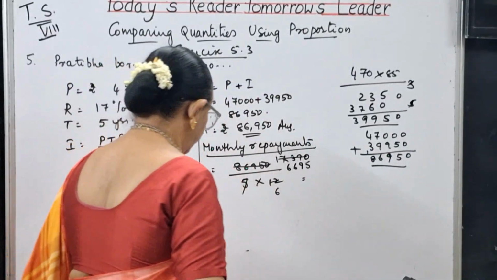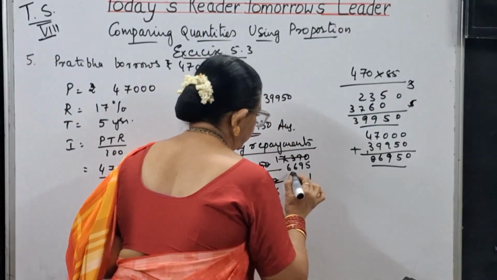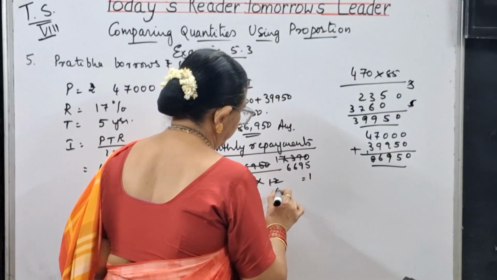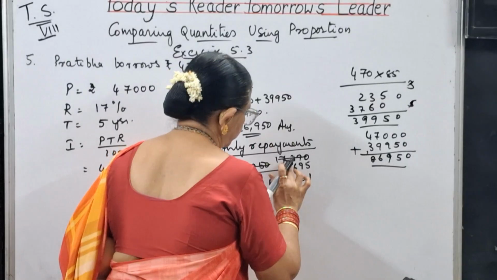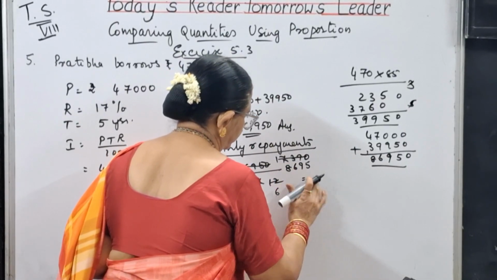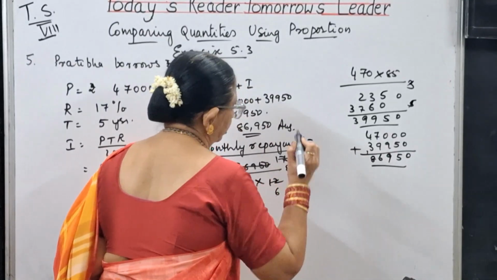This is nothing but 6 ones are 6, and then 2 8s are 16, children. 2 8s are 16, 2 6s are 12, 2 9s are 18, 2 5s are 10.